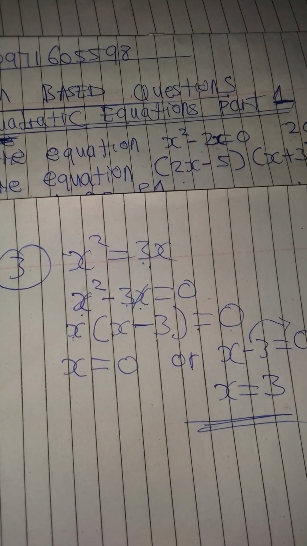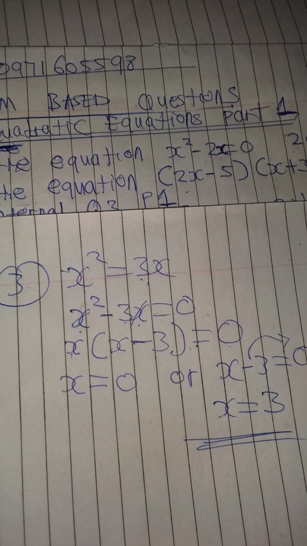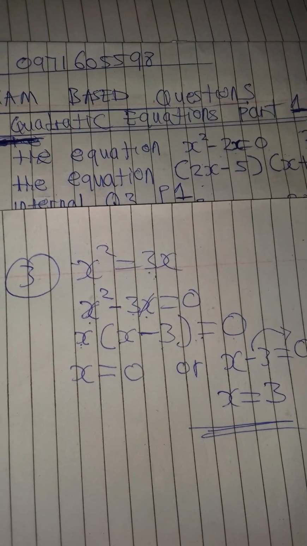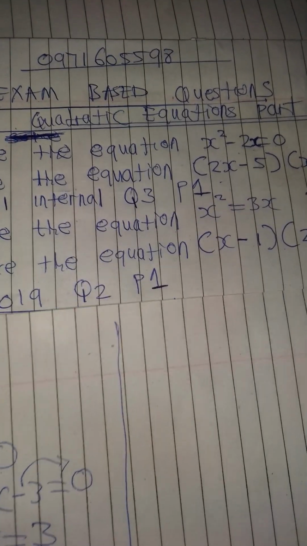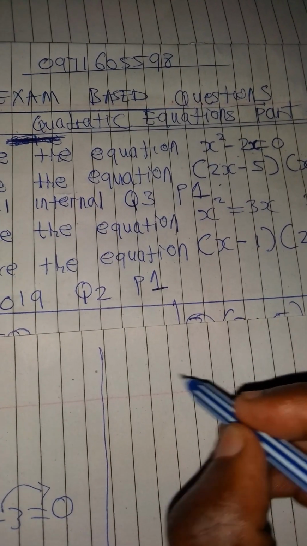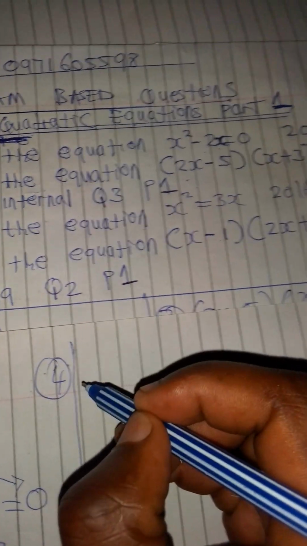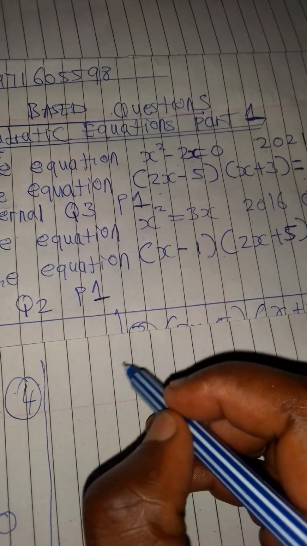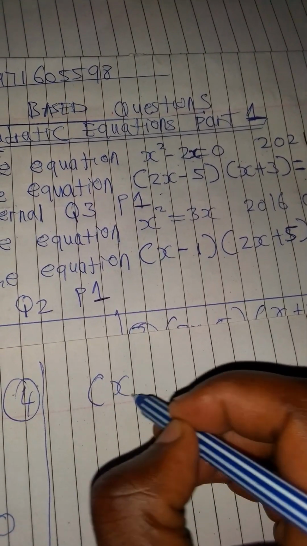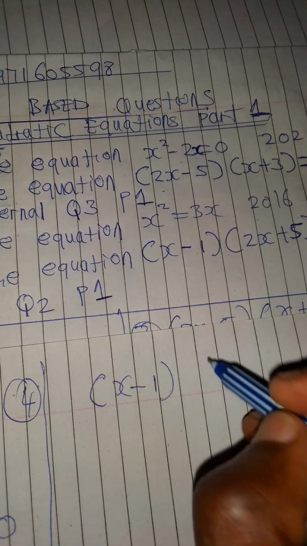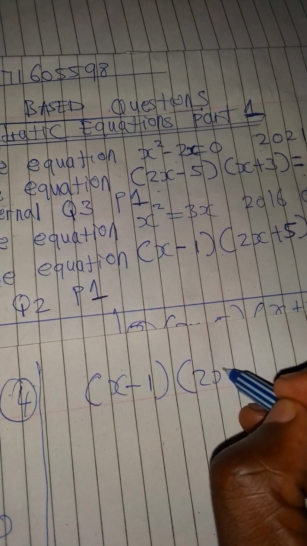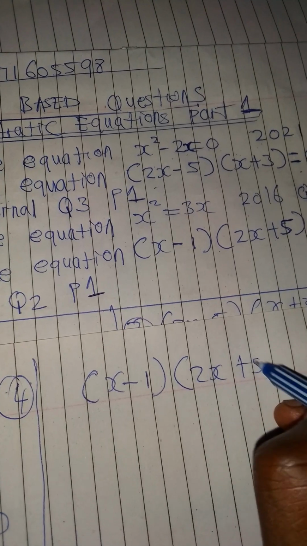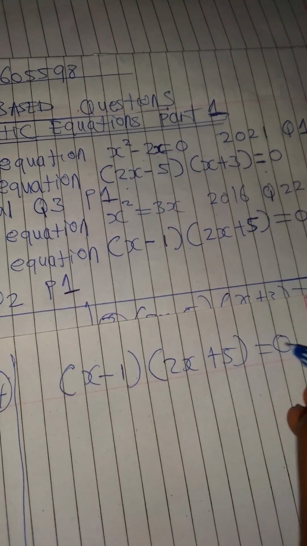Now we solve question 4. First of all, we copy the question the way it is. So we have (x minus 1)(2x plus 5) equated to 0.